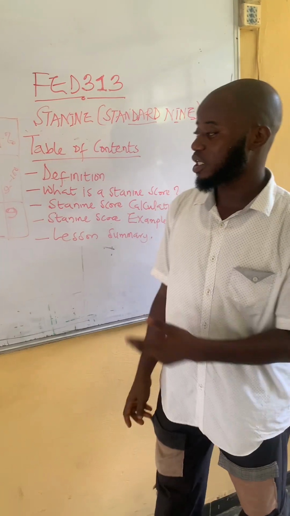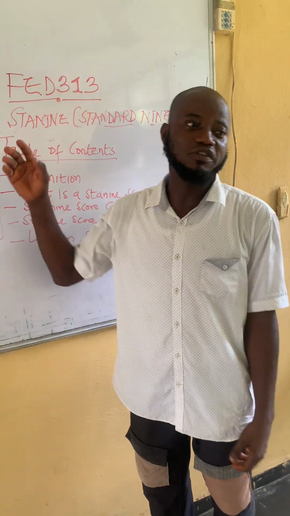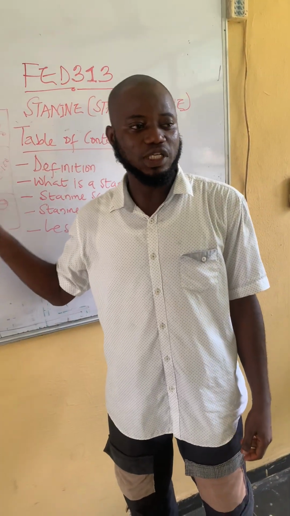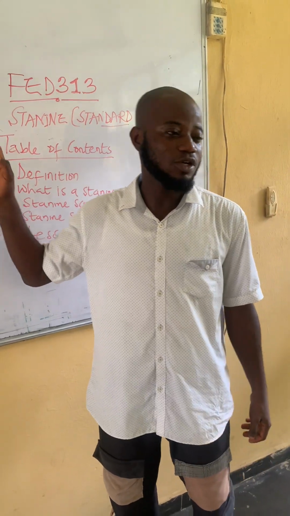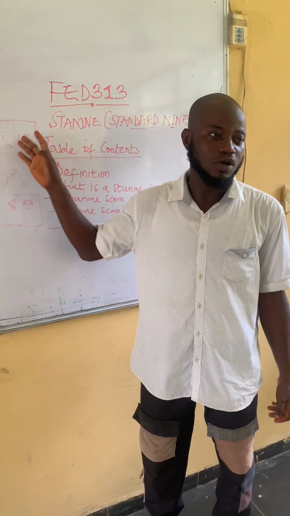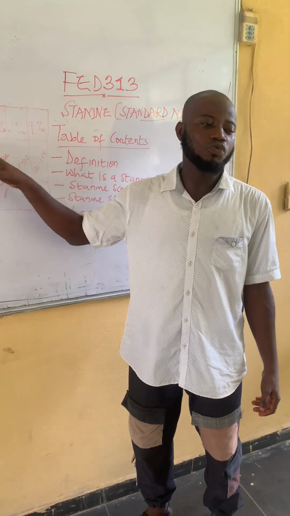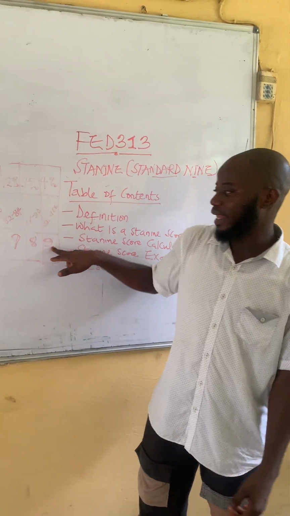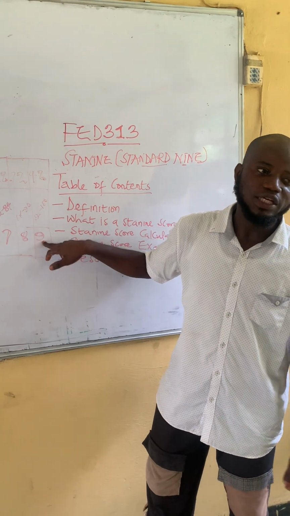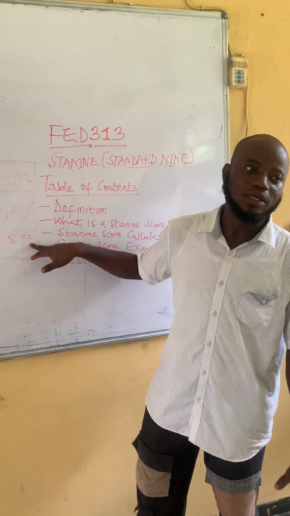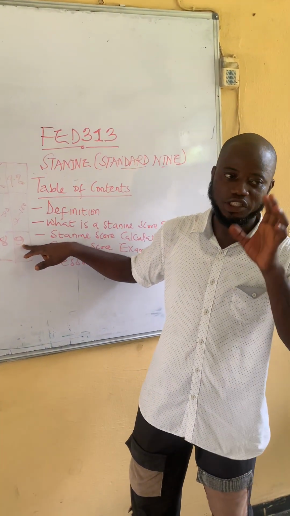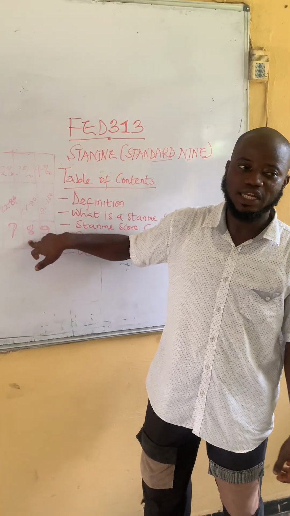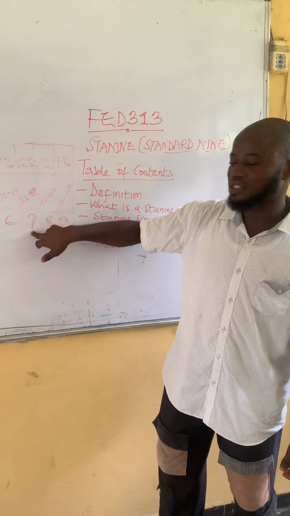Thank you. It is important to note that the reverse of the Stanine score is the unit system, which is the one adopted by WAEC and NECO. In the Stanine score, we rank from 9. Students on Stanine 9, like we have on our blackboard here, are the highest scorers. Those below are the ones below average, followed by students on Stanine 8, then those on Stanine 7.